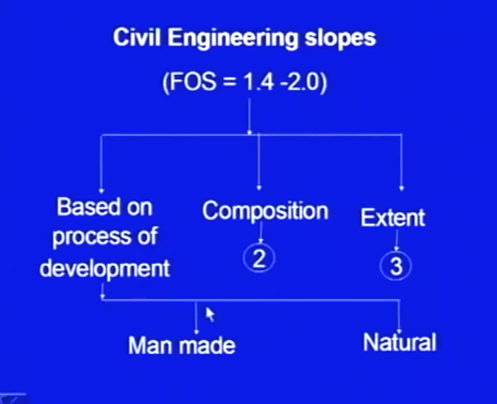So, it is being divided into two categories. Man-made means the man is making that structure, and natural slope means a slope which is constructed by nature. For example, hills, they are not constructed by us. Natural slopes in general have large extent, man-made slopes have smaller extent.